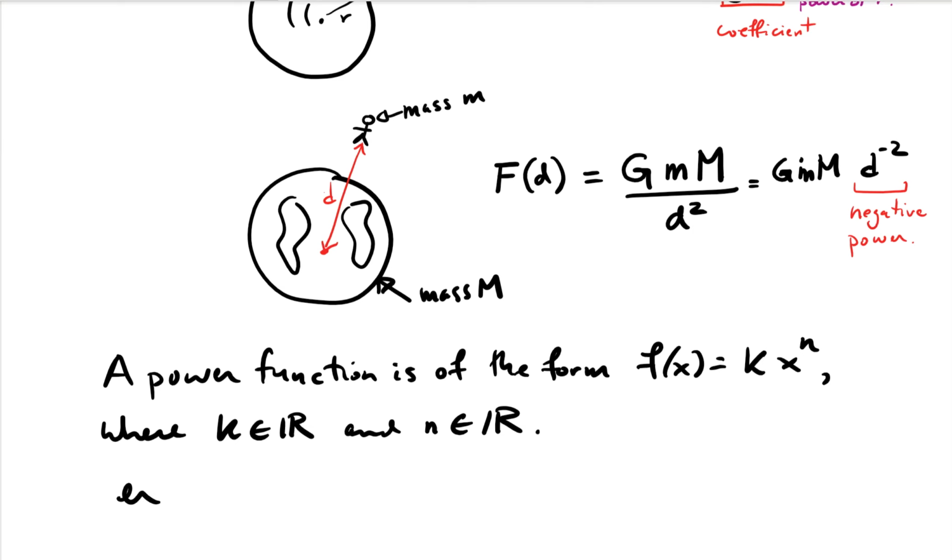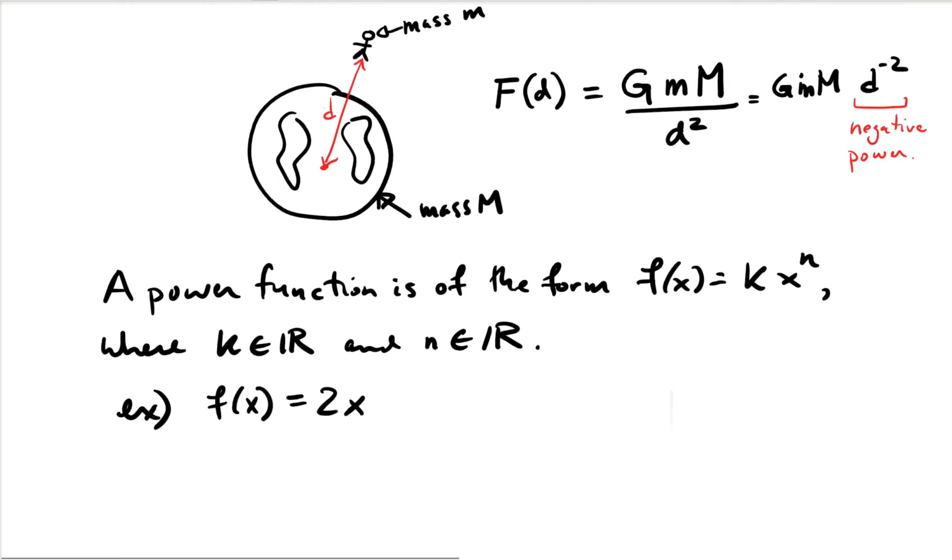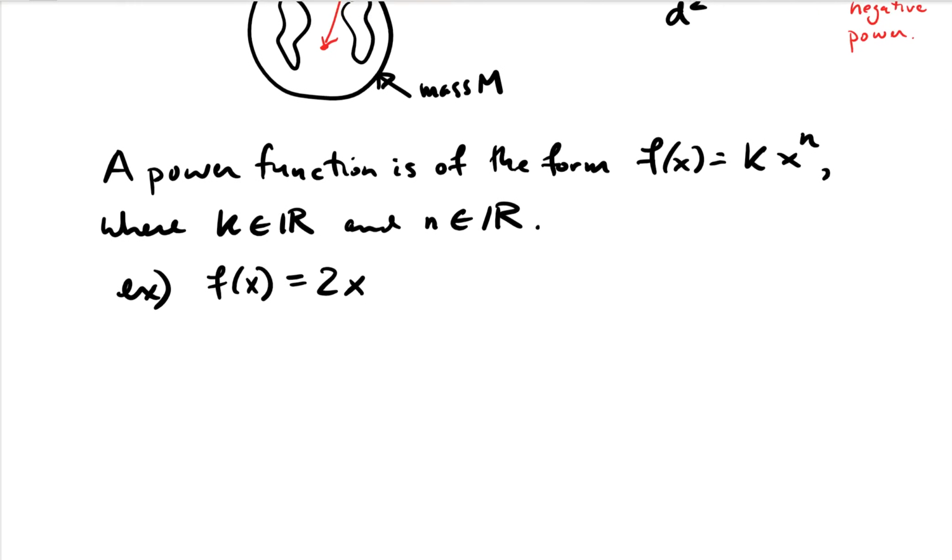So maybe some examples. You could have a linear function like that. Any linear function that has a y-intercept of 0 would be a power function, where the exponent is 1. In general, we could have any function of the type mx.